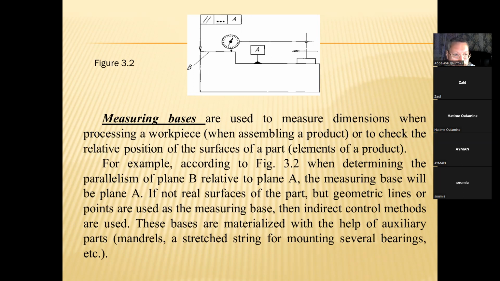Please write down these sentences. Measuring bases are used to measure dimensions when processing a workpiece or to check the relative position of the surfaces of a part.